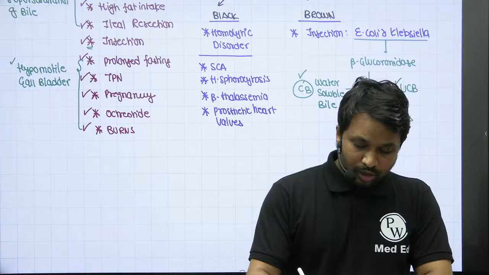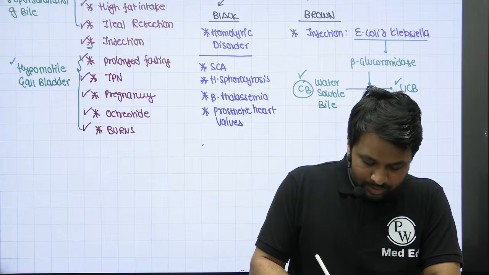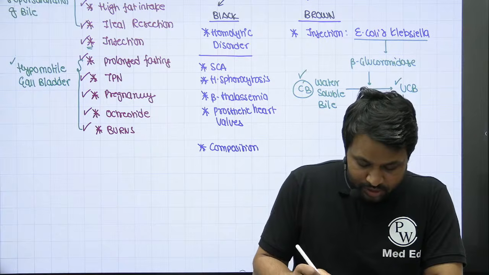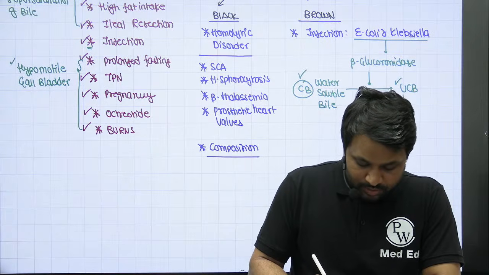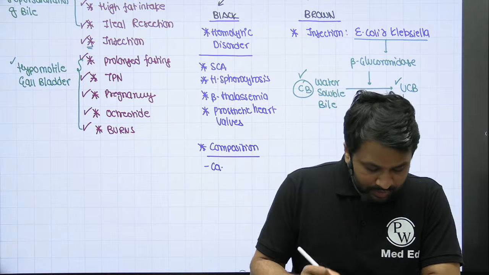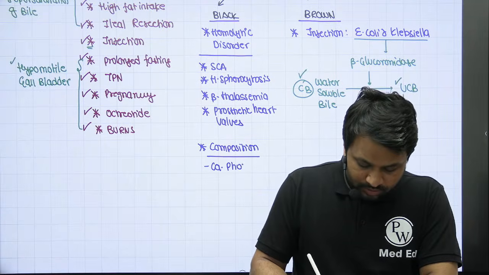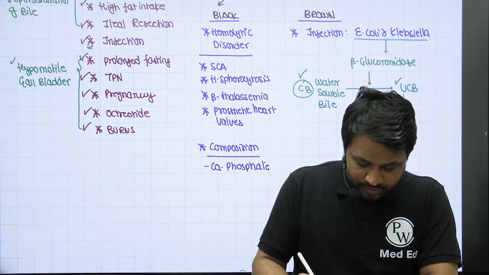So usually when you talk about the composition, the composition of the black pigmented stones is going to be calcium phosphate and calcium bicarbonate.